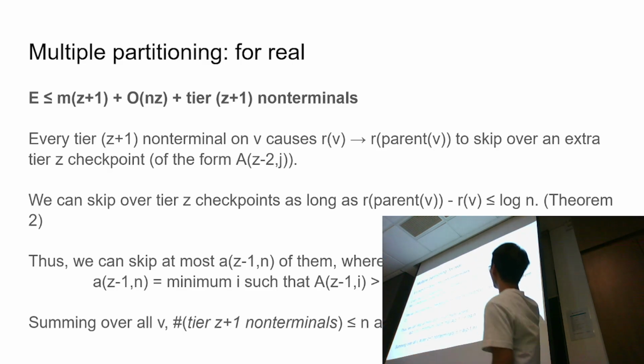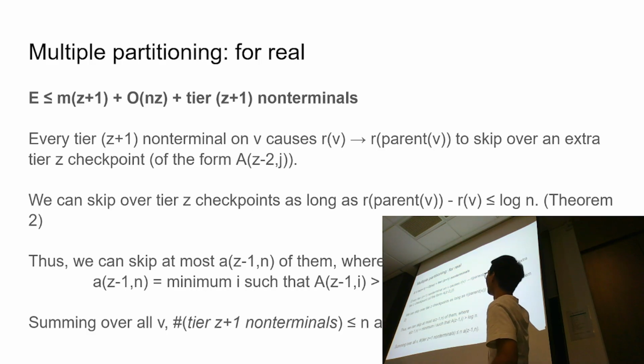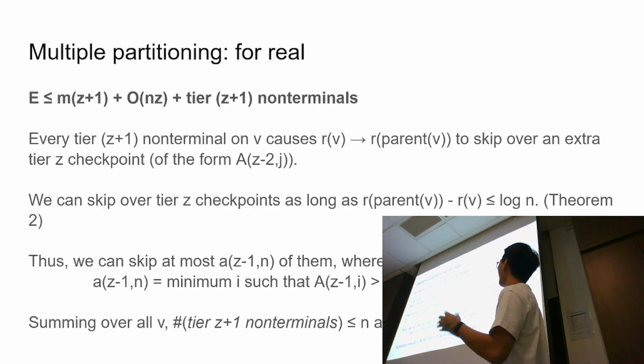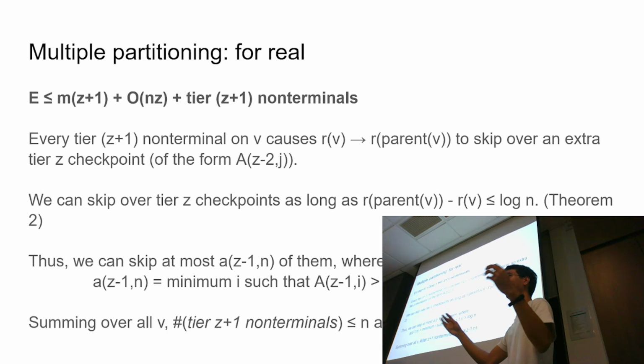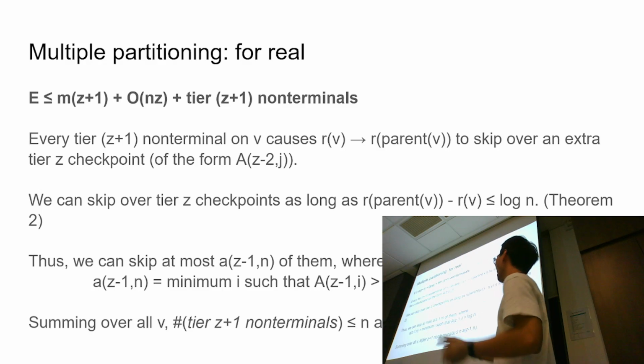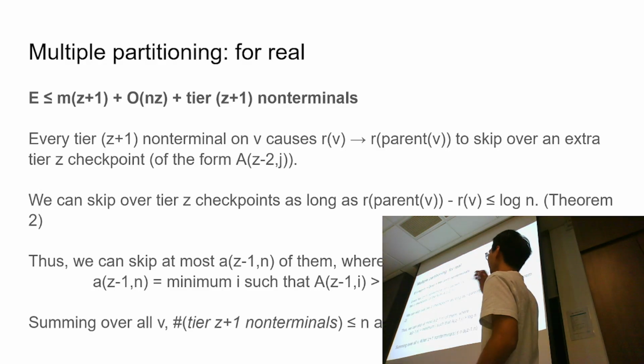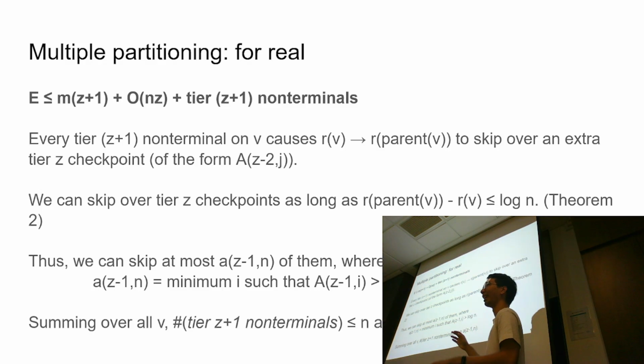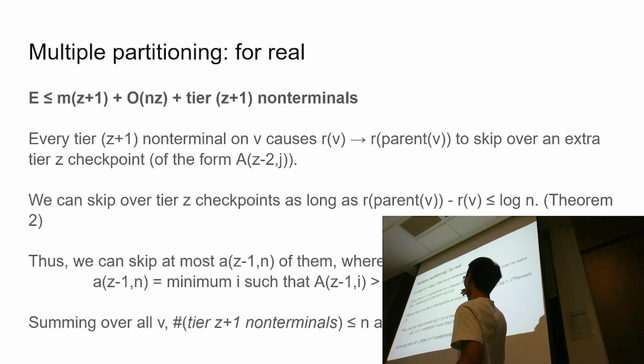We use the global bound for the rank here. So we can skip over as many tier Z checkpoints as we want, but the difference in rank cannot be greater than the maximum rank, which is bounded by log n. So if we define this other inverse Ackermann function, the minimum i such that this is greater than log n, there are at most that many of them.